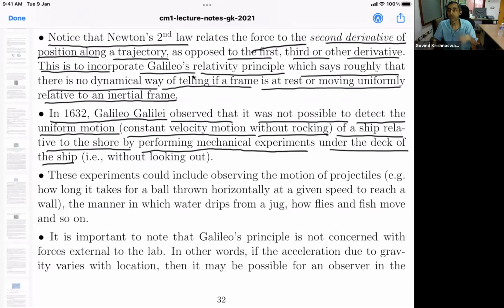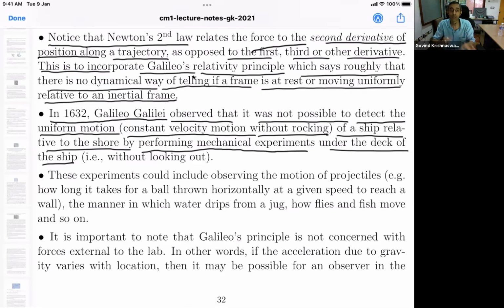You're also allowed to throw a ball to somebody else in the same room, or to throw it against a wall and see how long it takes to hit the wall. You're allowed to watch the flies, how they fly. Do they have some preferred direction in which they generally fly? You're allowed to observe such things. And he also observes the fish, how they swim in the water.